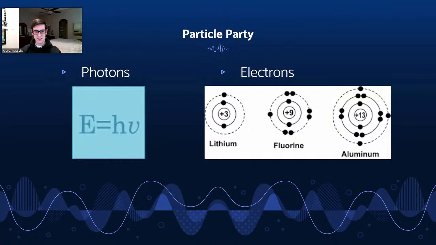Photons have various different properties that are of use to different fields of science, but in particular for us, they have a frequency, which is directly proportional to their energy. You can see this equation here, Planck's equation, relates the two via Planck's constant, h.